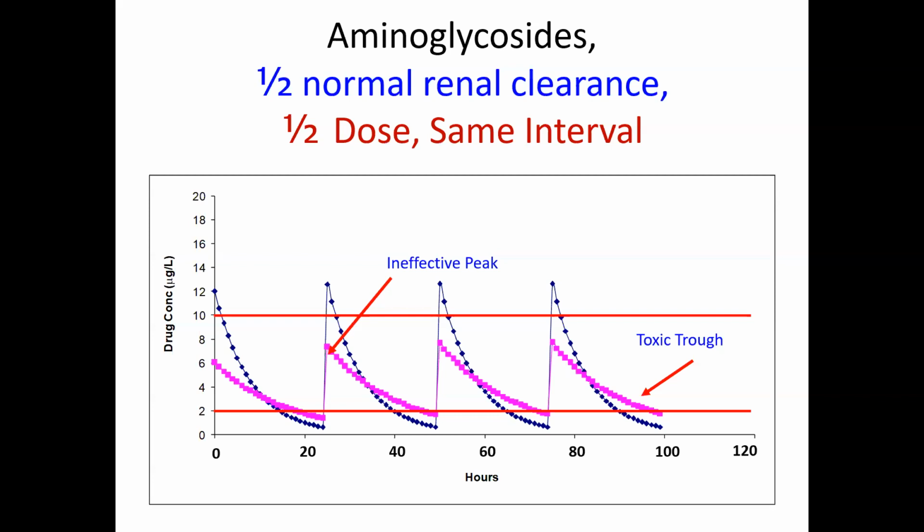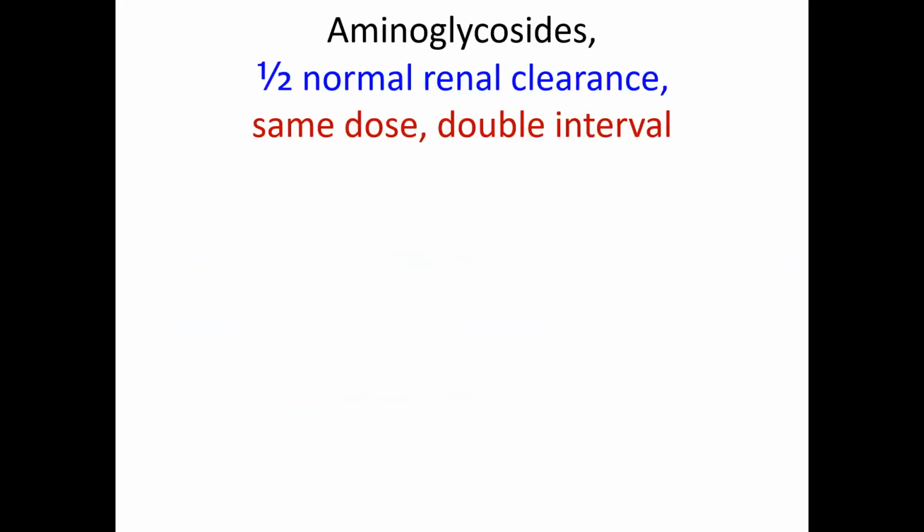So in the ordinary drugs, the majority of the drugs, this strategy of decreasing the dose was working, as we saw in the previous graph, but in case of aminoglycosides, this is not working. There is no point in decreasing the dose. There is no efficacy and increased toxicity. This approach is useless.